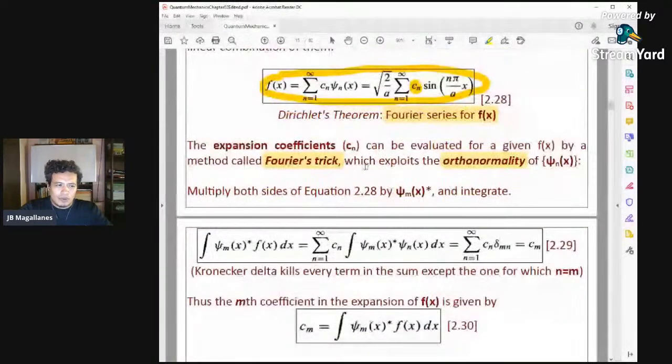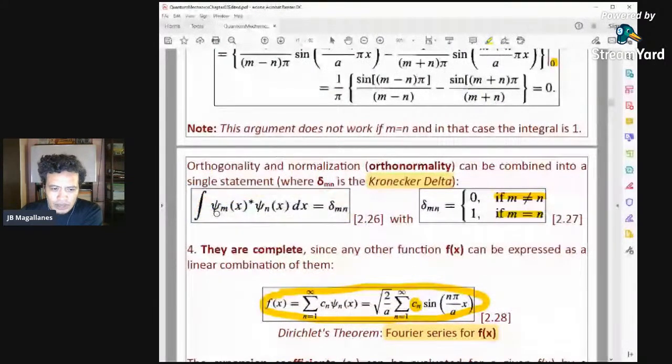What it means by orthonormal is that if you integrate the wave function and the conjugate of that, you have two wave functions, phi m and phi n. They are orthonormal if they follow this equation. They only give 0 if m is not equal to n, and 1 if m is equal to n.